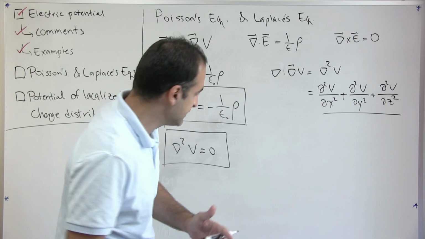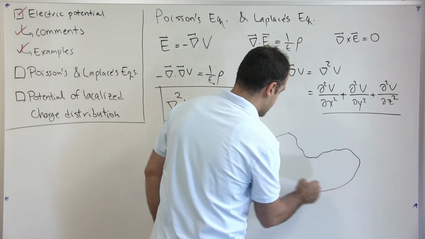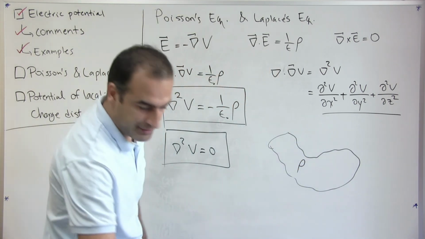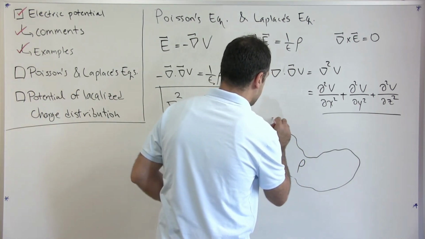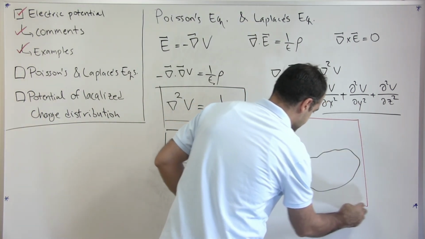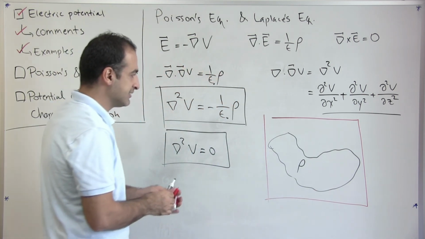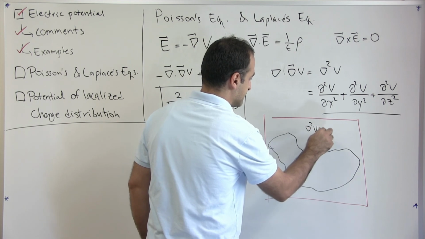If I want to show it to you symbolically, imagine you are in a space, and you have a certain charge distribution rho in that space. You are interested in calculating potential and electric field in the whole space. Here there's no charge distribution, so the Laplacian of V is 0.